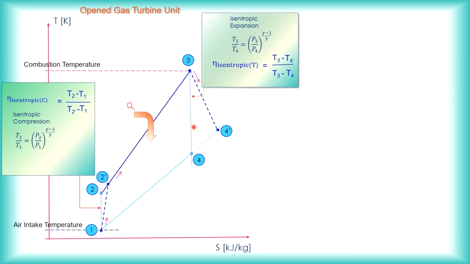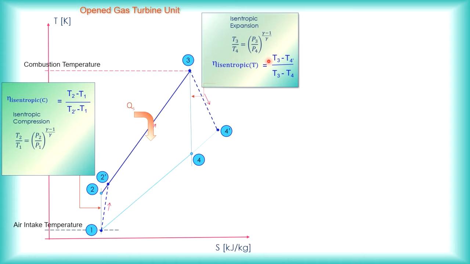For the turbine side, after the combustion chamber, what we have is gas. It is different from the compressor, where the intake and the whole process remain air. But once we come to the turbine, the tail side, it is already gas.